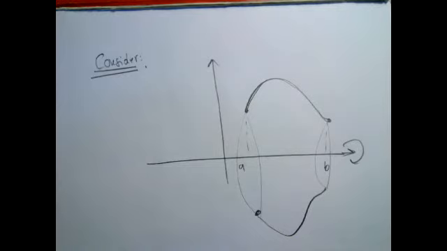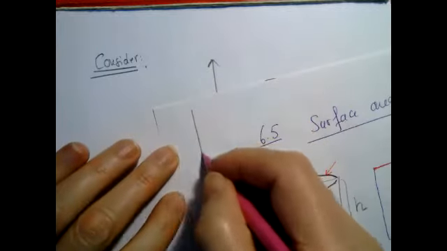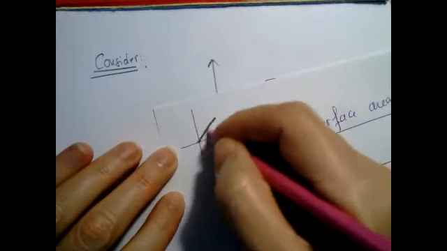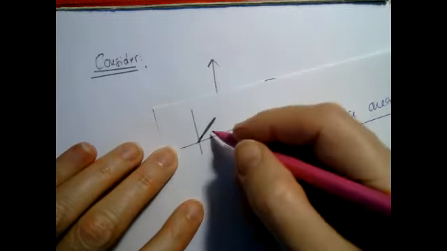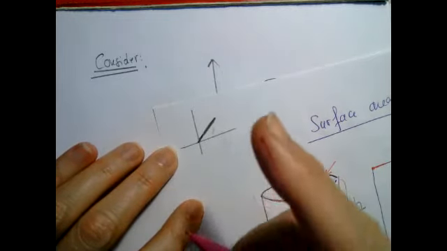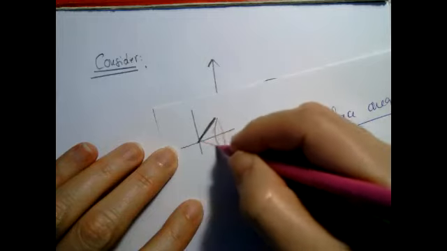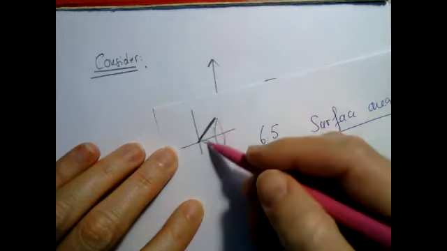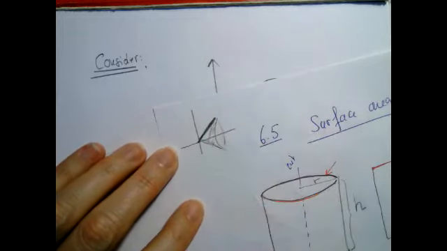When we rotate this curve, it's going to generate a surface. And the question is, what's the surface area? So it's like if you take a simple line segment you have here, and you rotate the line segment by itself, not the region inside, just the line segment, this is going to generate a cone. And I'm interested in the surface area of the cone.